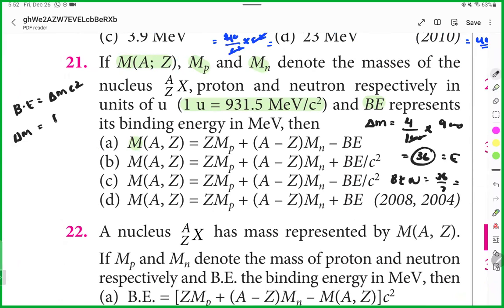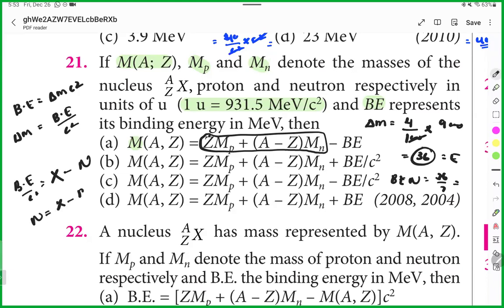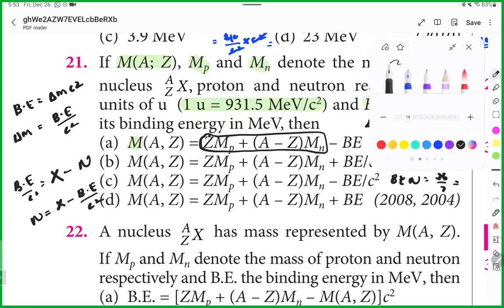Delta m value will be binding energy by c square. This whole thing is delta m, constituent mass minus nucleus mass. Now you are calculating for the nucleus mass. So it is x minus binding energy per nucleon by c square. Any doubt? No sir. Answer will be C.